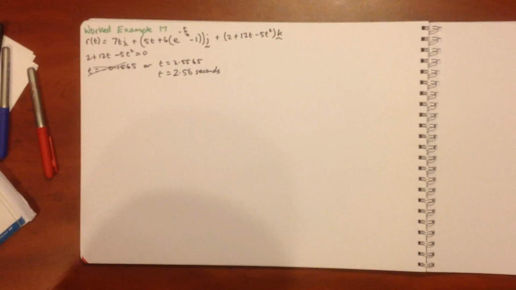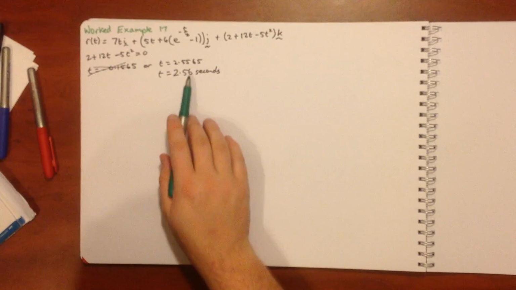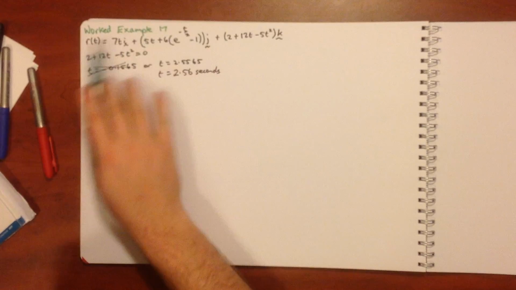Okay, well, what we need to do is substitute in our t value for time into our position vector.